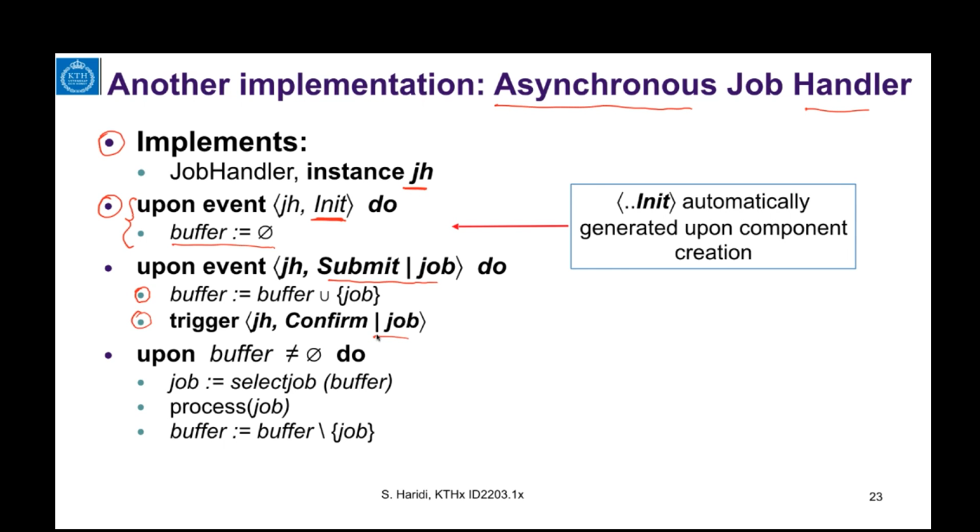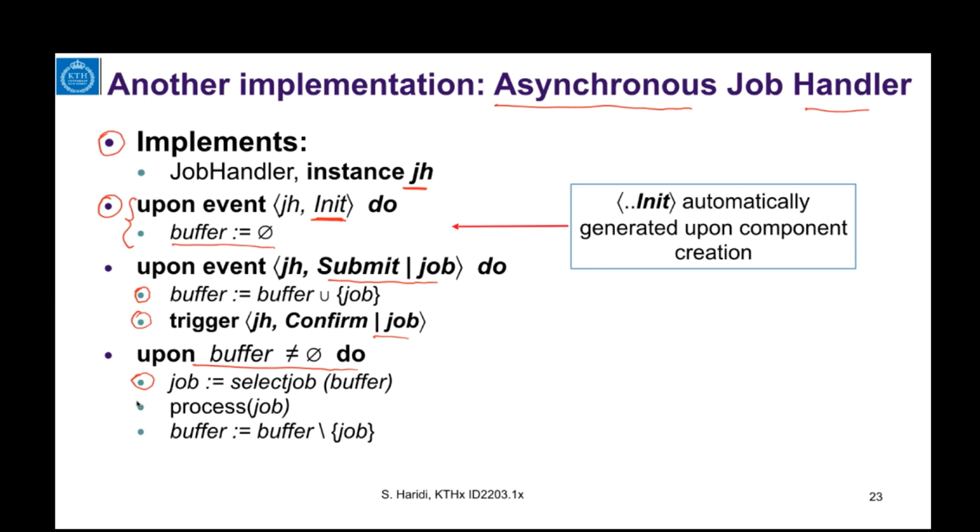And here is a specification that, as we said before, is a specification where we don't specify an event as a message, but only as a state condition. So our state condition here is that the buffer is not empty. So while the buffer is not empty, we select a job from the buffer. This is one of the jobs in this set of jobs.